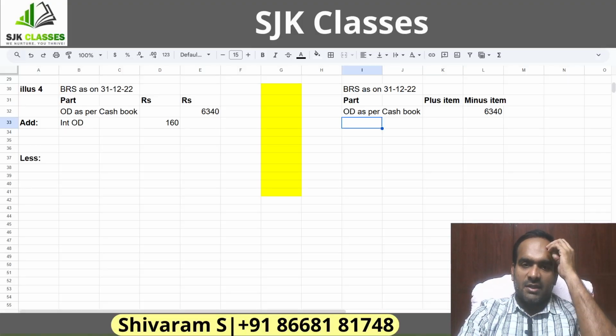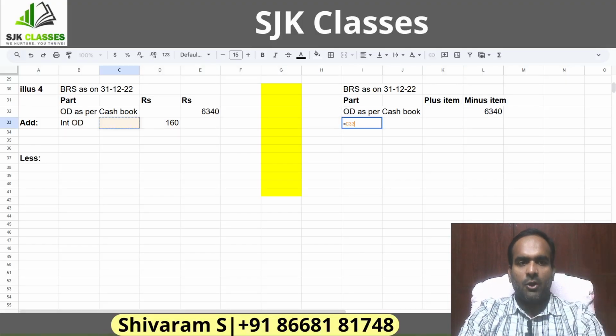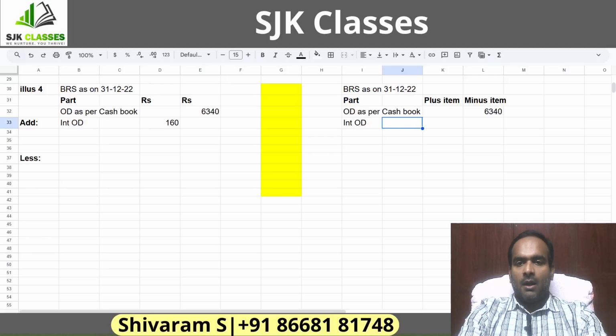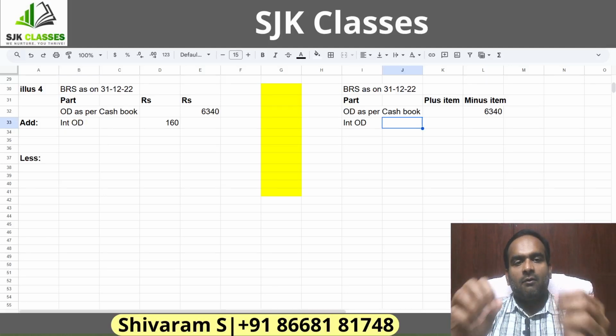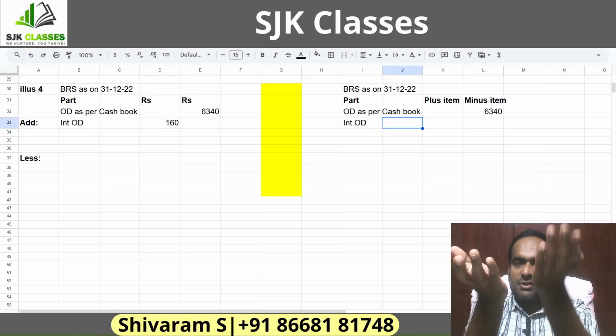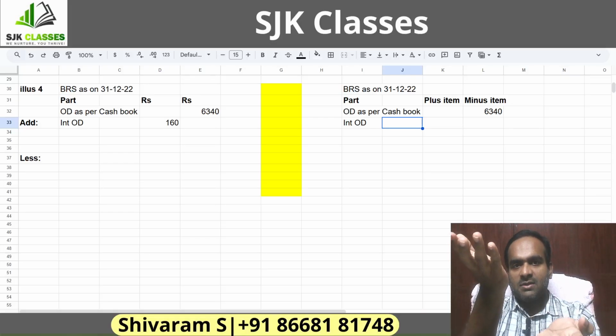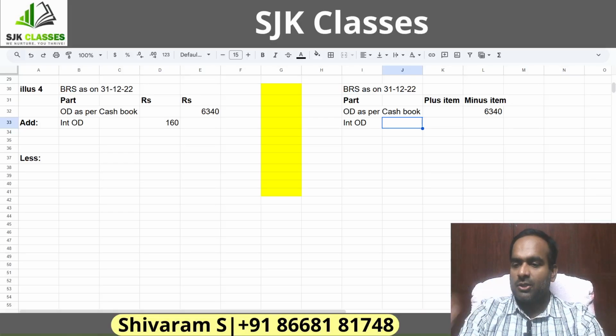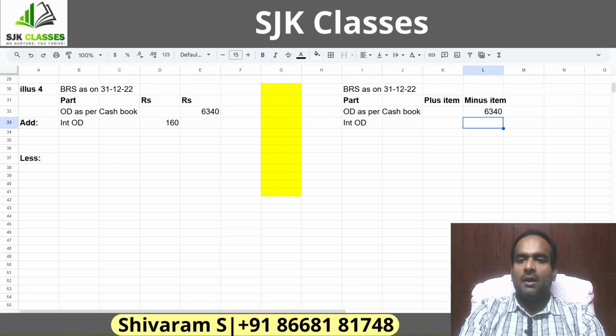Then for this interest on overdraft, listen carefully. For the hand movement, we went with the addition, right? The hand movement was going up. Now it's a case of addition, no? But those who are following this, you will be showing this amount in the negative column.